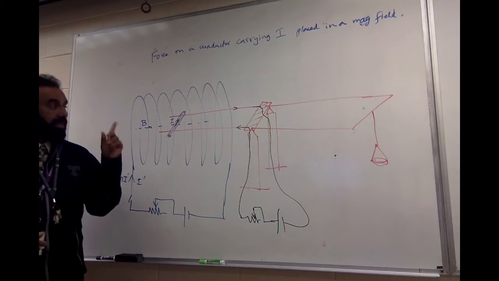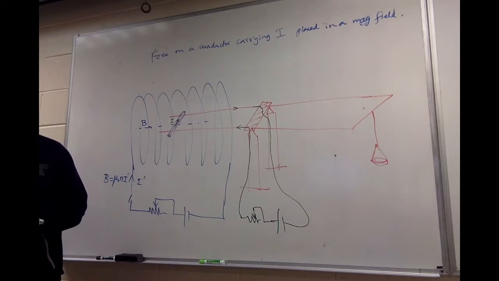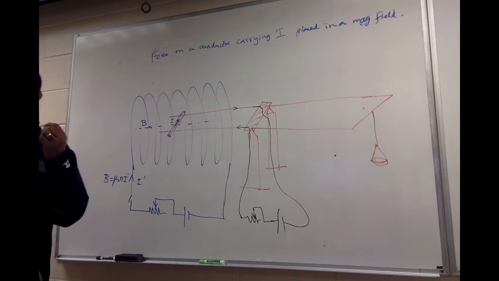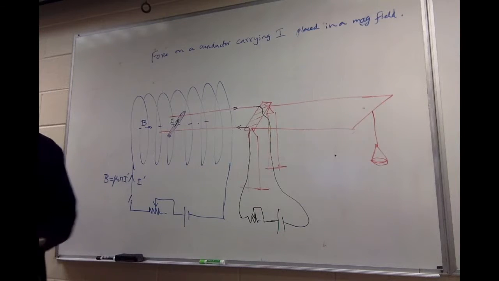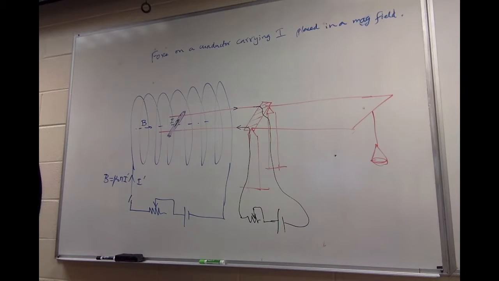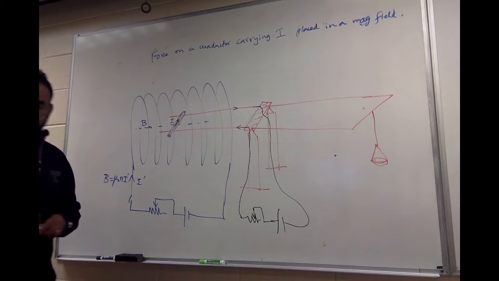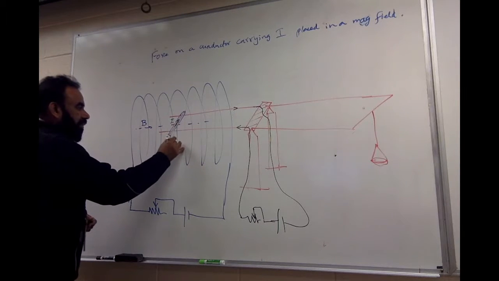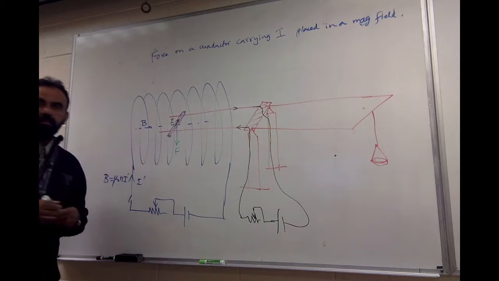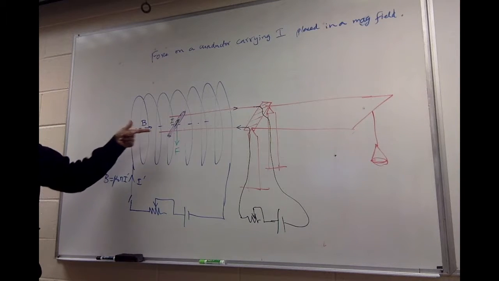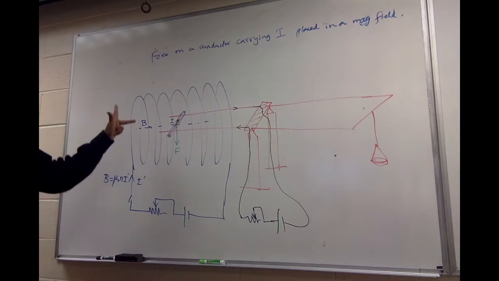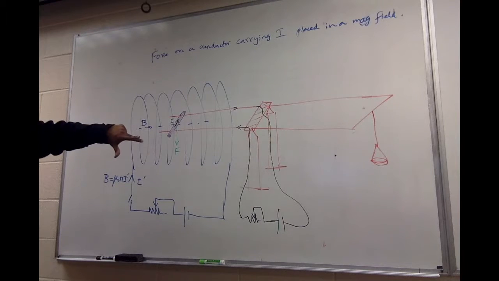Apply Fleming's left hand rule. Tell me which way the conductor will experience a force. Down. So this conductor is going to experience a force downward. According to Fleming's left hand rule, current is in, magnetic field is that way, force is downward.